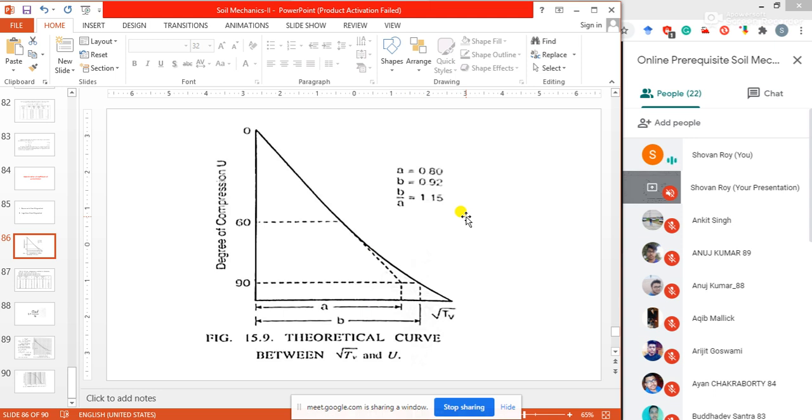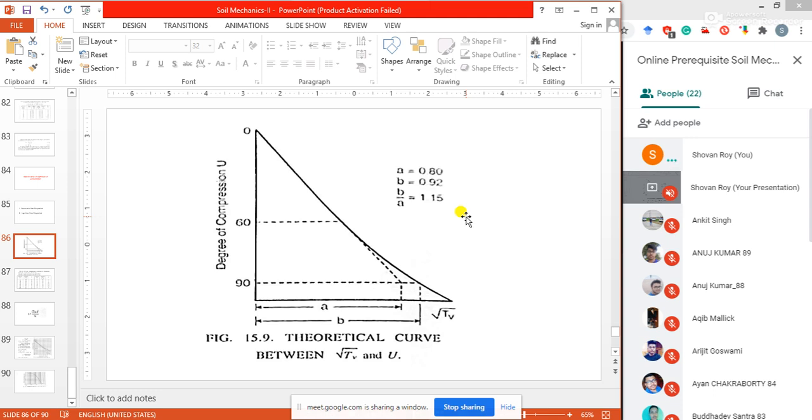Therefore, from this curve, it is clear that U60 is important and U90 is important. If U60 is one value, U90 is another value. Both values are important to find out the theoretical curve, or the relation between the root of time factor and degree of consolidation or compression.